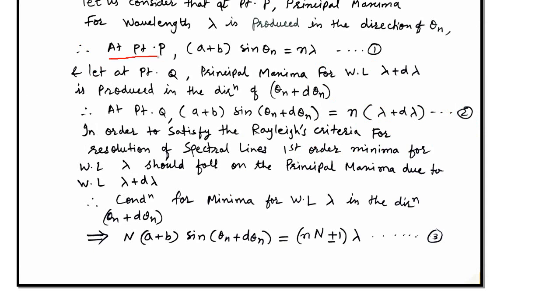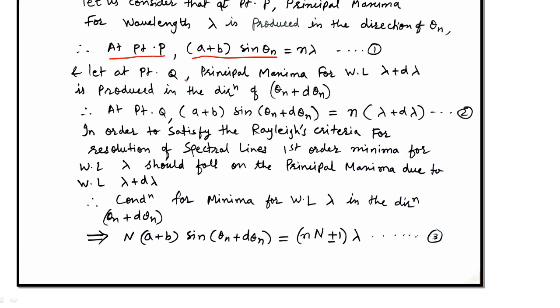At point P on the screen, we know the condition for principal maxima: (a plus b) sin theta = n lambda. Here a plus b is the grating element, so (a plus b) sin theta n, because the angle is theta n, should be equal to n lambda. Let us name this equation 1.